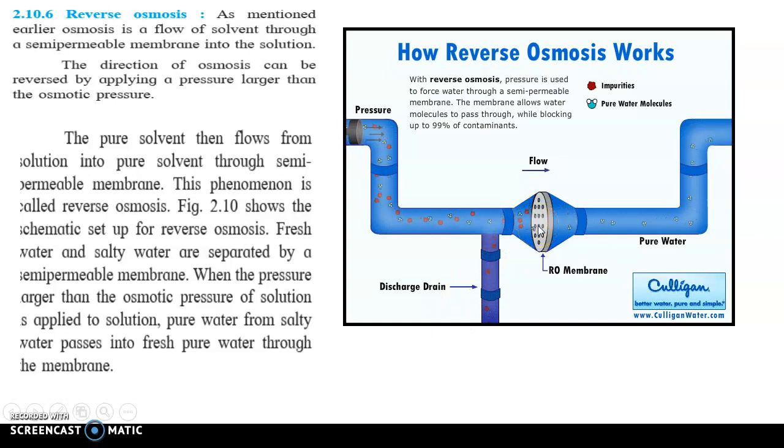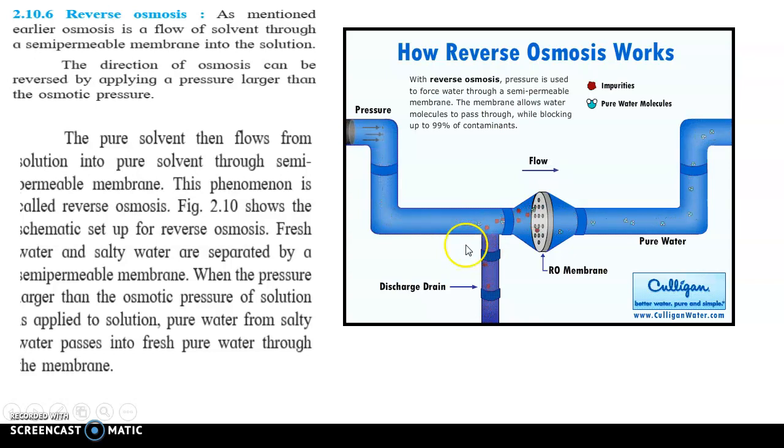Fresh water and salty water are separated by the semi-permeable membrane. When pressure larger than the osmotic pressure of the solution is applied, only pure water can pass through the pipe and the salty water cannot pass, and it is removed in the discharge drain.